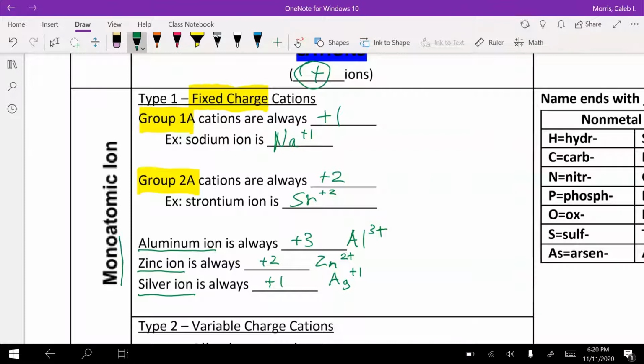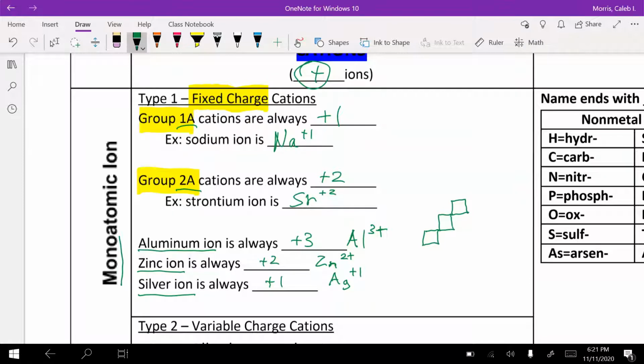And the first two are pretty simple because it's just the number. 1A cations are positive 1, 2A cations are positive 2. But then the other three, you kind of have to know where they're at on the periodic table. A little bit of a tip: if you find those on the periodic table, they kind of make a shape, almost a staircase.